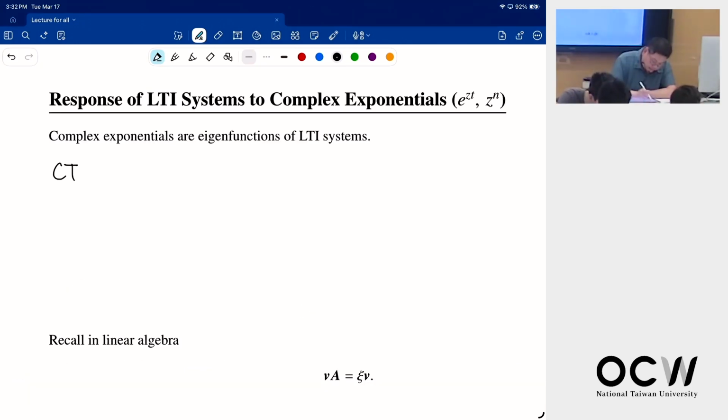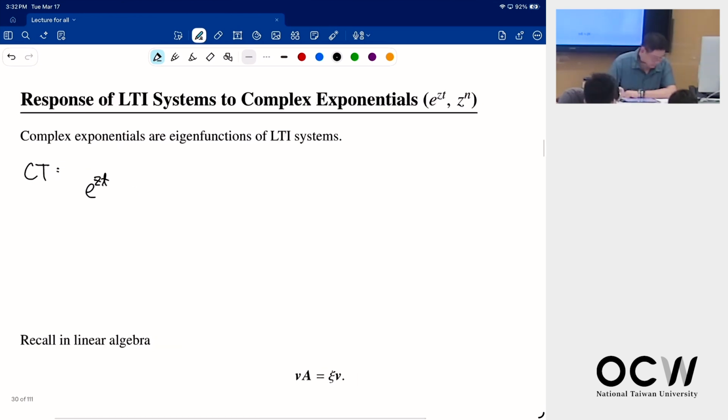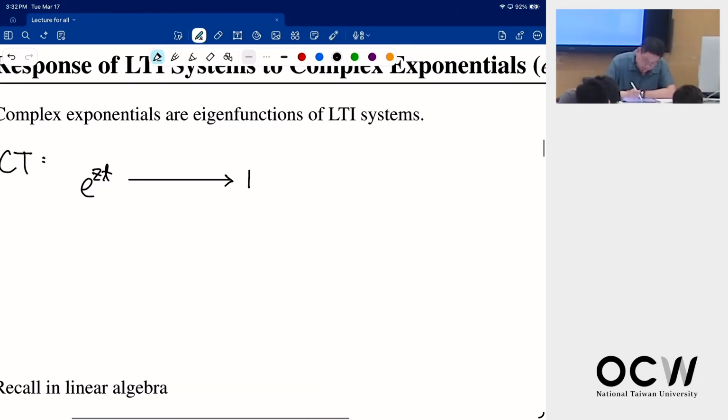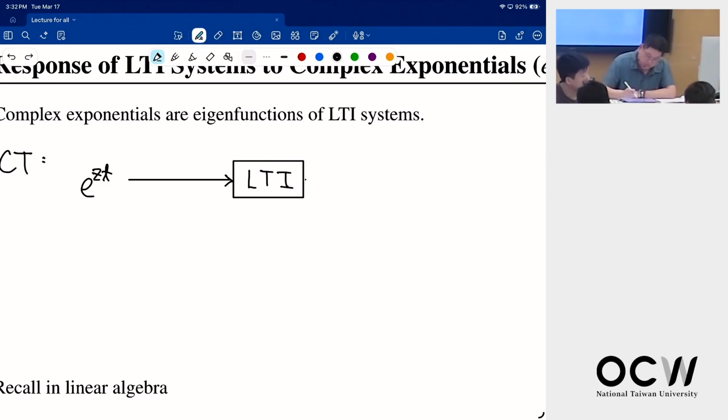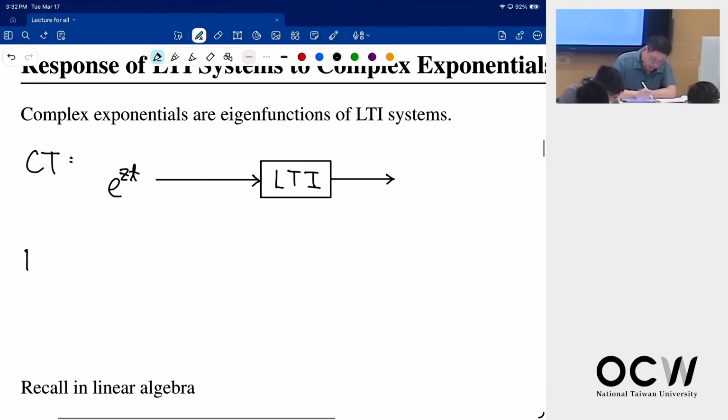So for the continuous time, if the input is complex exponential, we can say this is like an eigenfunction. If I send it to the LTI system, what is the output? And for the discrete time case, this is our input.